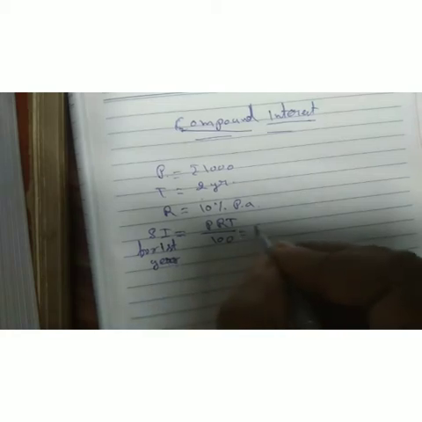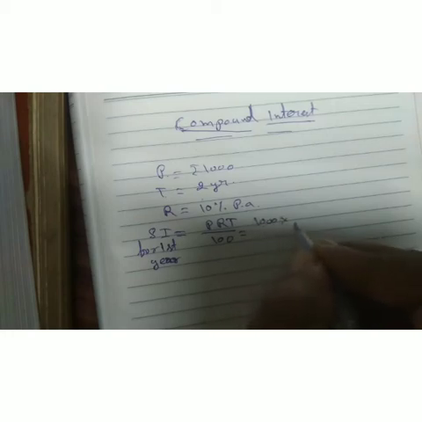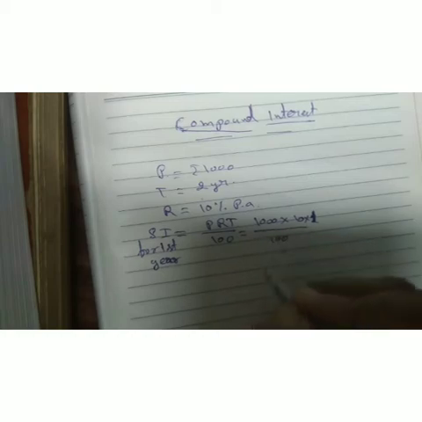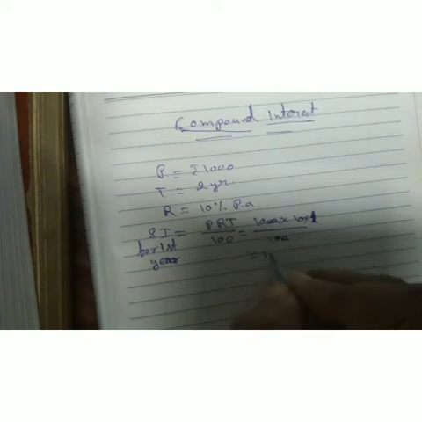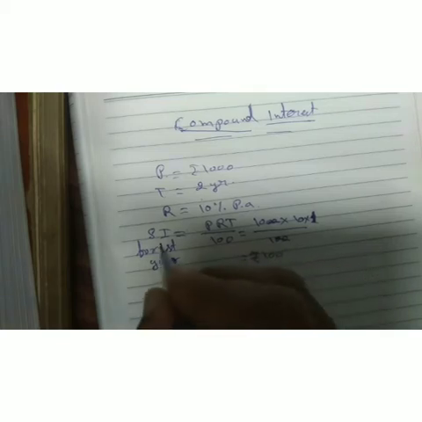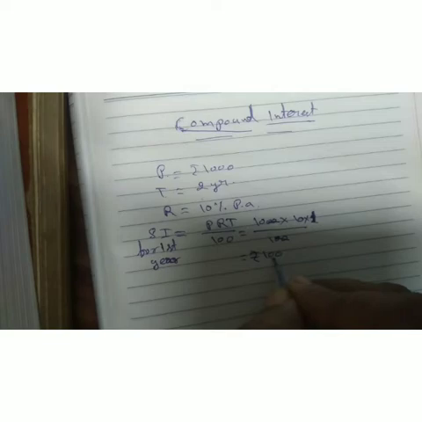So P means here rupees 1000 into R means 10 into T, first year means 1, by 100. So here the zeros cancel. So what we got? 100 rupees. So this is the simple interest for the first year.